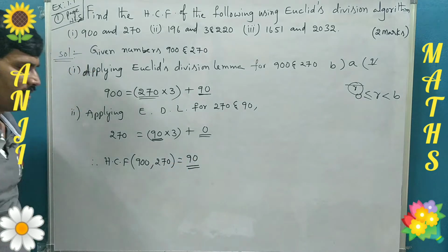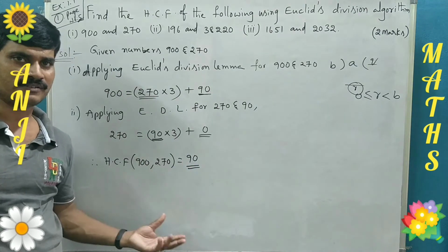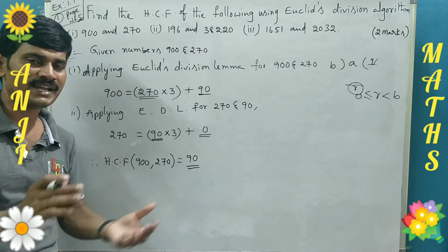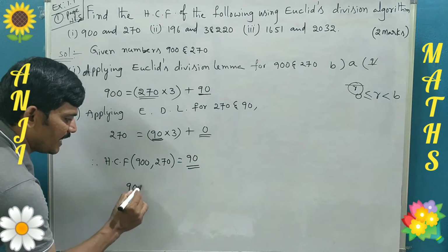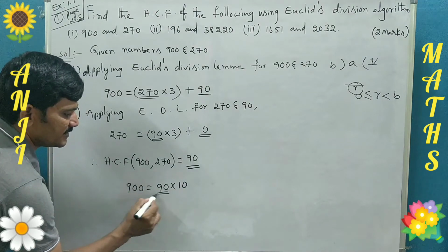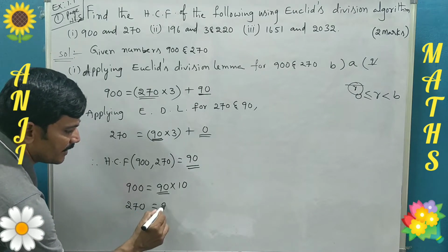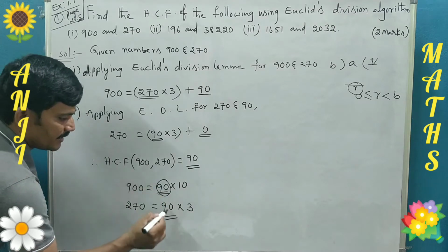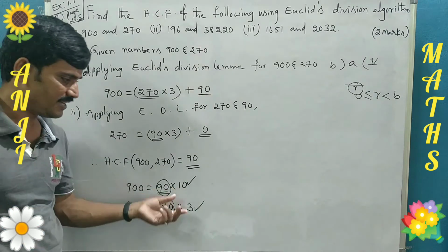Let us see whether this 90 is the HCF or not by writing the given two numbers as multiples of 90. 900 can be written as 90 times 10, and 270 can be written as 90 times 3. Other than the HCF, see the second factors.